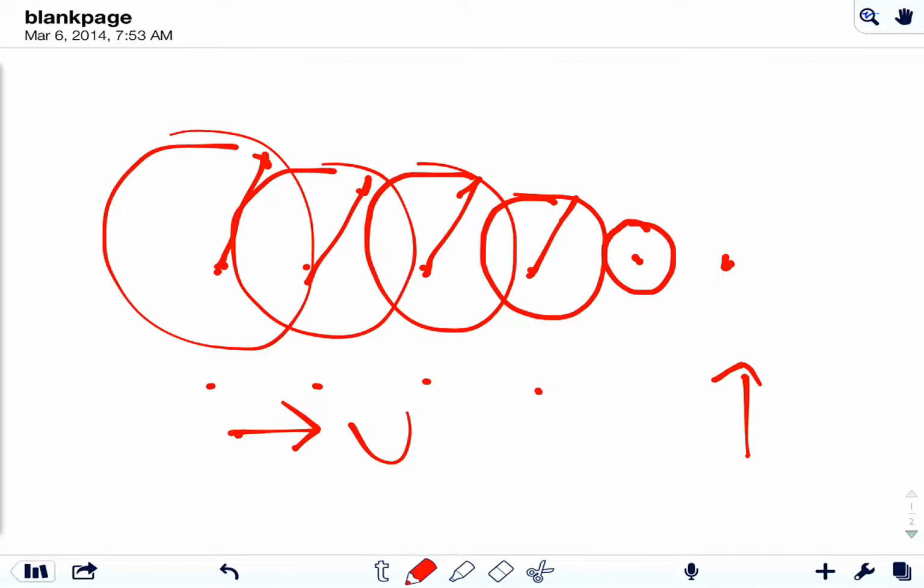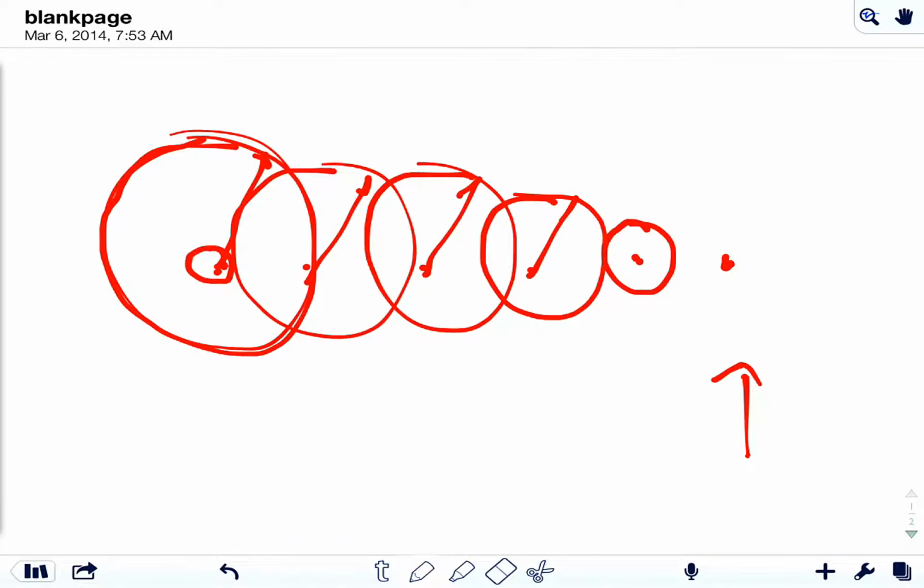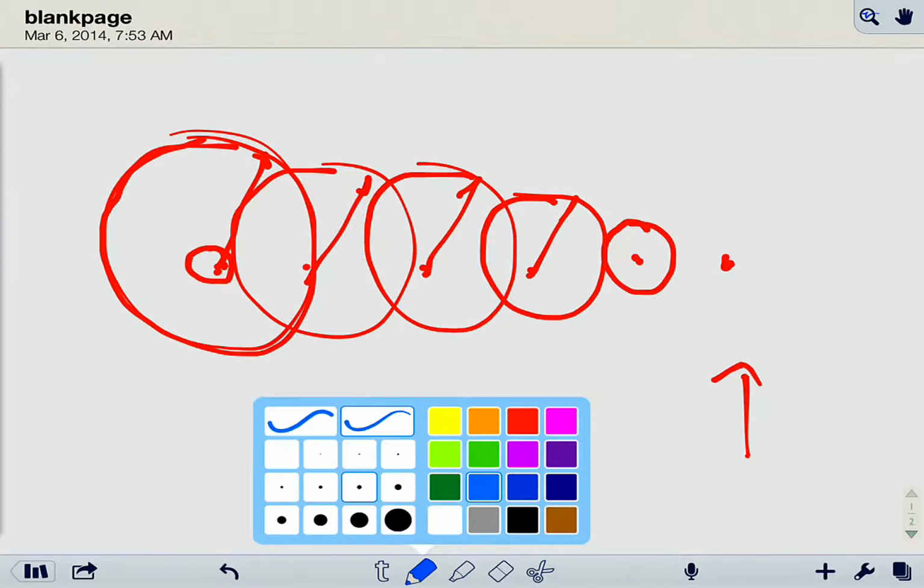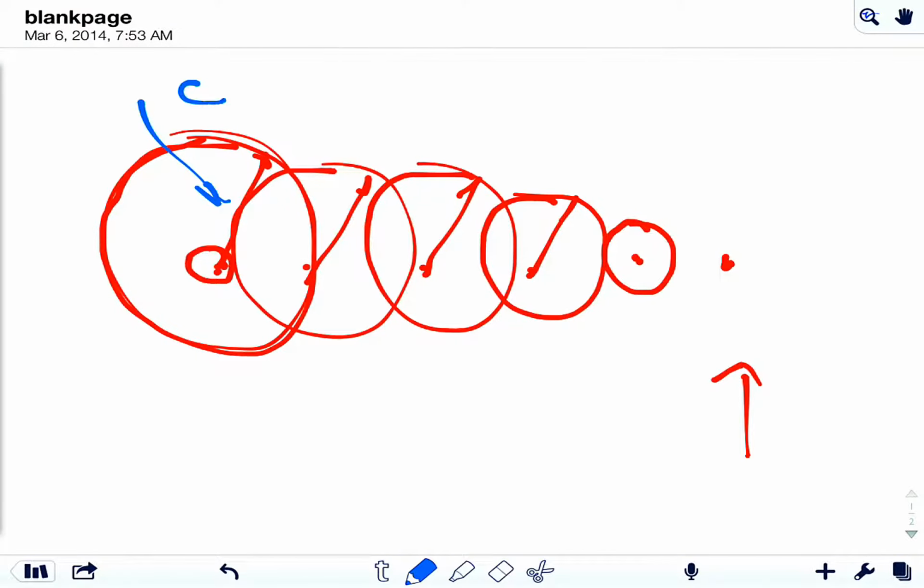And at that point, when you yelled, your voice has reached this circle right here. So the diameter of that circle is equal to, let me just clean this up a little bit, the diameter of that circle is equal to c, the sound speed, times the time, delta t.